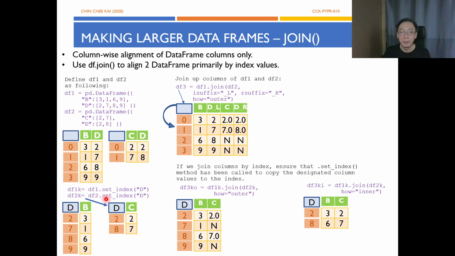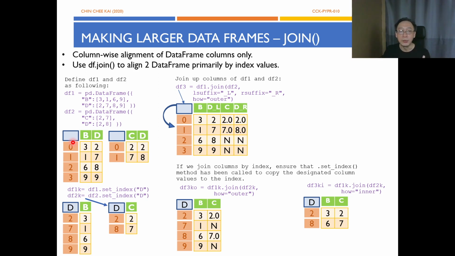The way to do it is simply to say df1 dot set_index, the D label. So this is df1, and put the entire column D into the dot index, and at the same time remove it so that there's no duplicate processing.